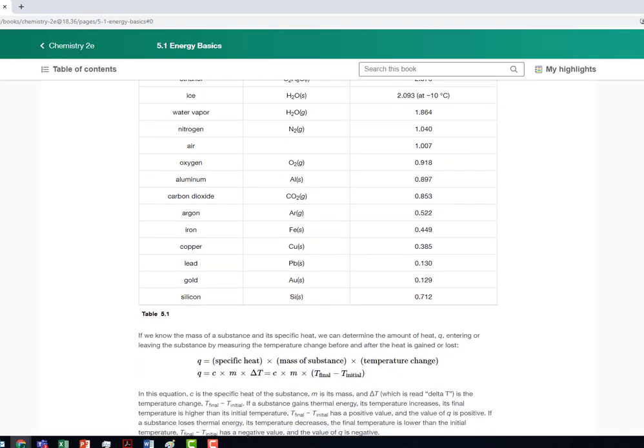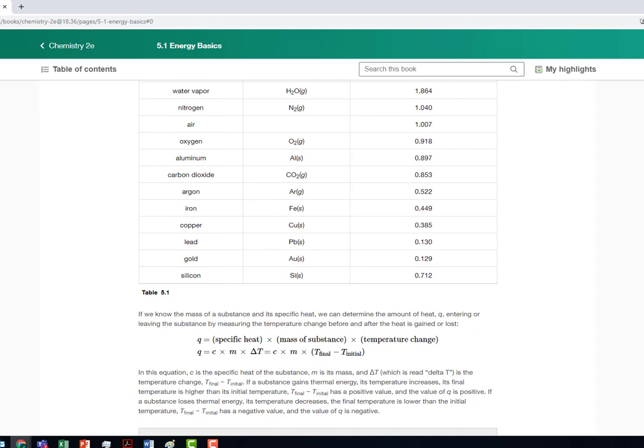Okay, so what we can do with this information is calculate the heat that is transferred when an object changes temperature. To do that, we would have to know what the substance is and be able to look up its specific heat from that table. We would need to know the mass of that substance and how much the temperature changed.